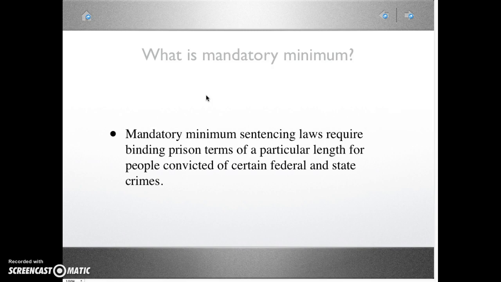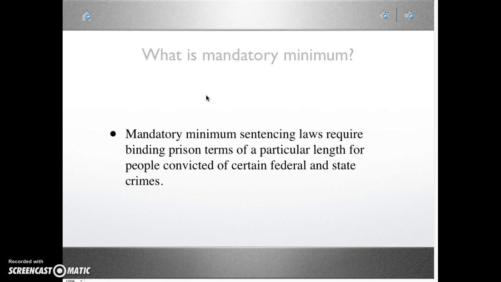So these laws caused not only federal prison populations to soar, but also state prison populations. The reason for this is because of mandatory minimums. If you were convicted of a certain crime, you had to go to state prison typically, or federal prison, as part of your punishment with a mandatory minimum, which was often 5 years.